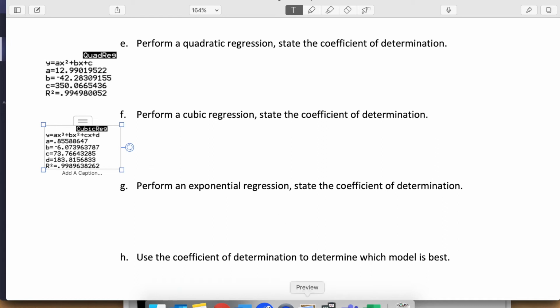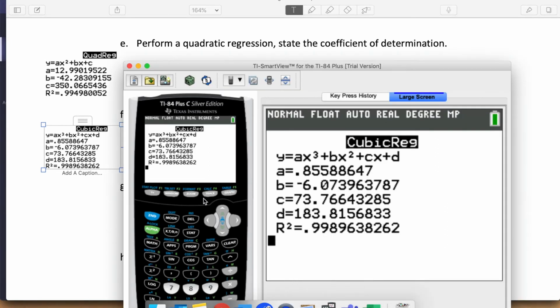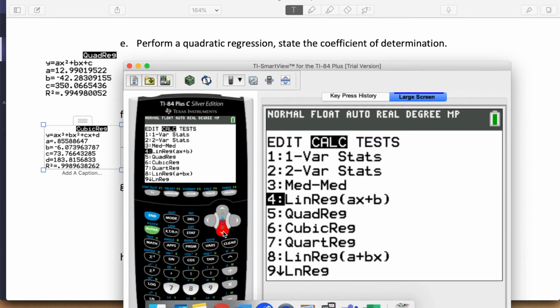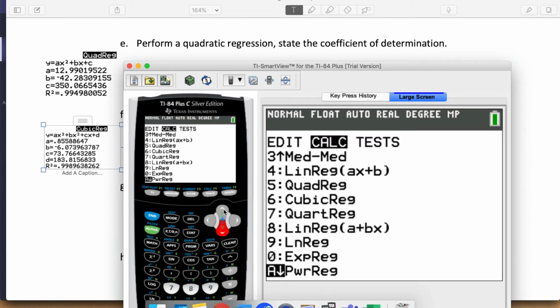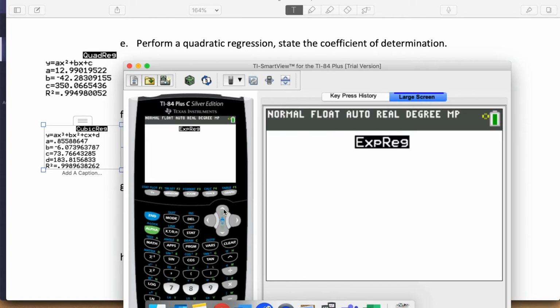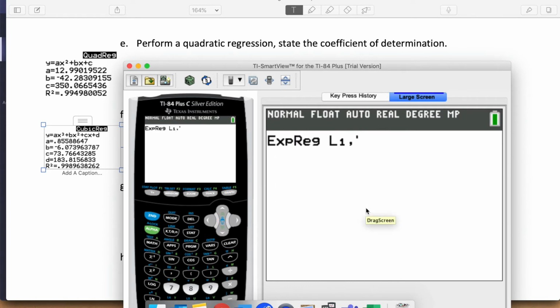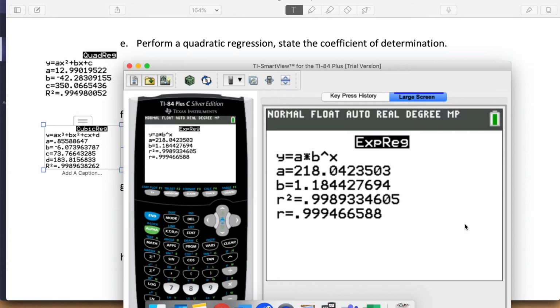If we go to an exponential, again back to Stat, Calc, and the exponential is beyond number 9, so you have to go down below. You'll see it there. I'm going to press Enter on exponential, calculate, and this is what we get.